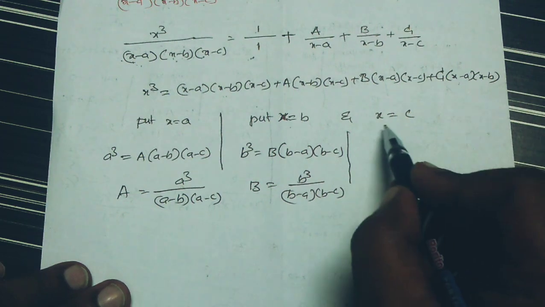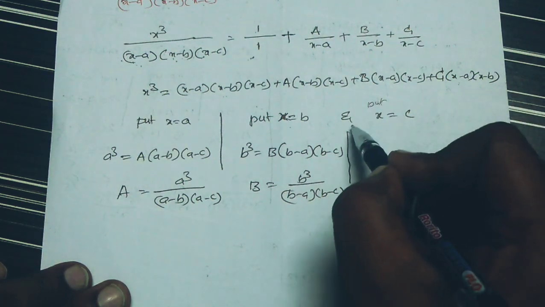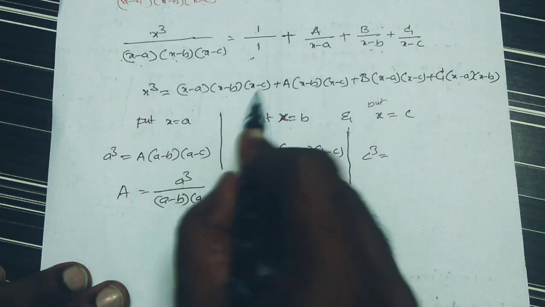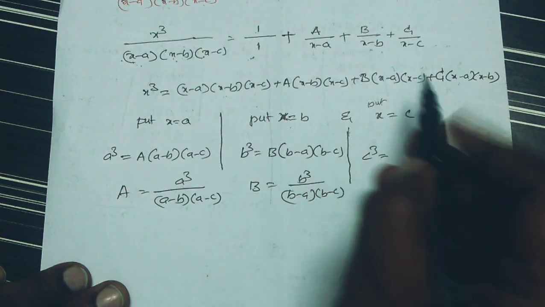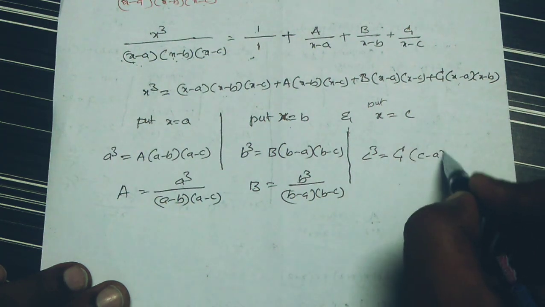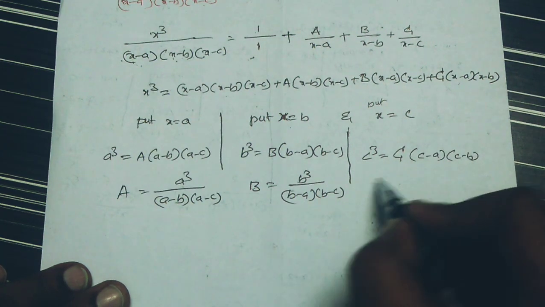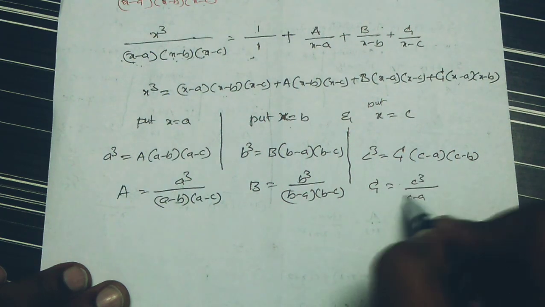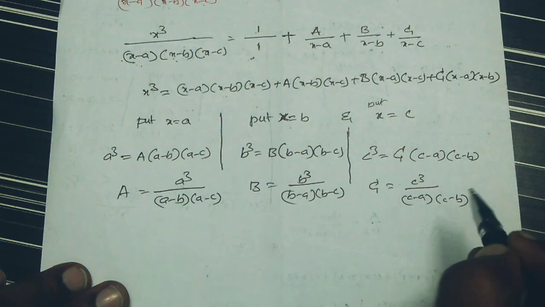Is it clear? Put x = c now. What will we get? c cubed = this is 0, A coefficient is 0, B coefficient is 0, therefore capital C into (c - a)(c - b). So what is capital C now? c cubed by (c - a)(c - b).